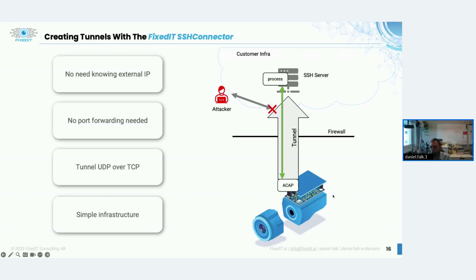And another one is, of course, that you don't need to do any configuration on the site, because from the site it just looks like this device is doing outgoing requests to the internet like any other network devices typically do. And it has the added benefit of tunneling all traffic over TCP.